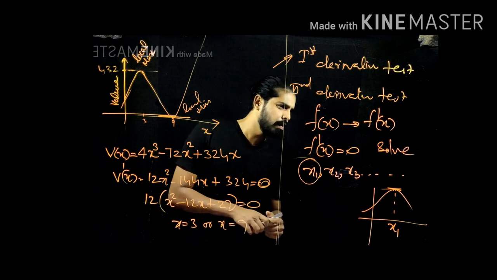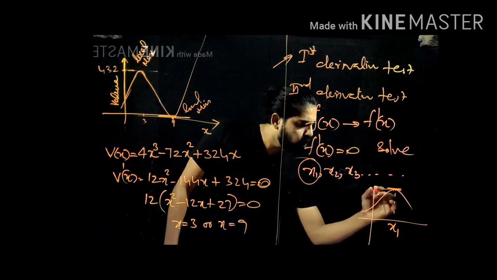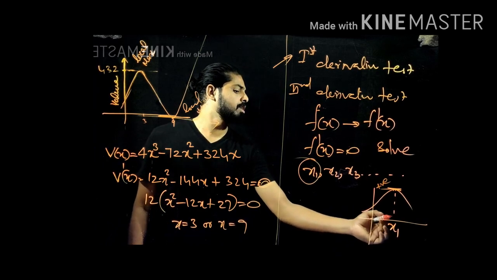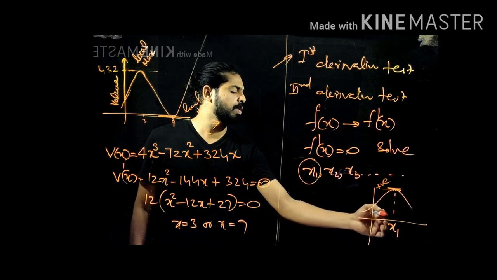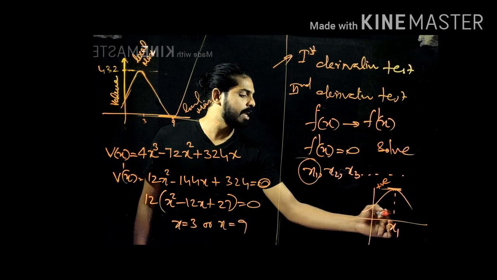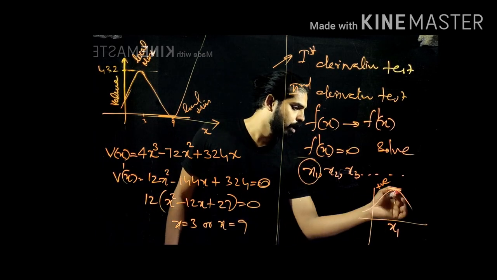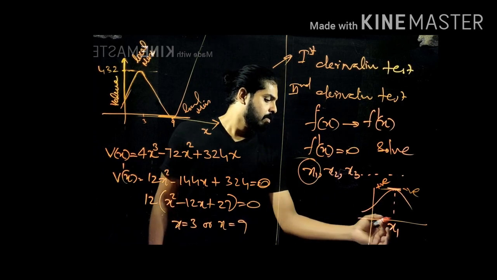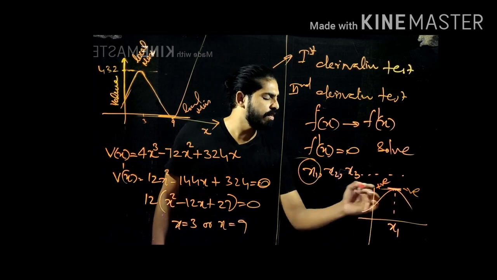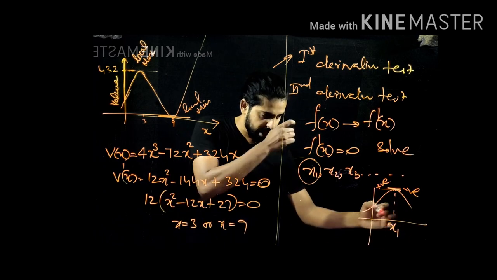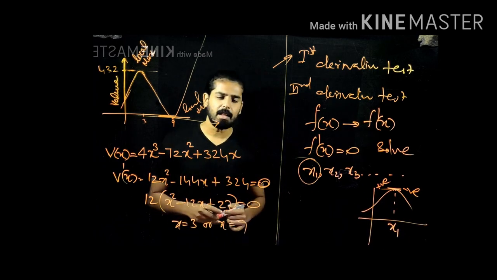The value of the derivative will be positive for values close to x1 on the left of x1, and the value of the derivative will be negative for values close to x1 on the right of x1, right?